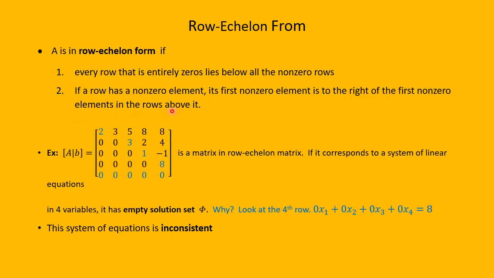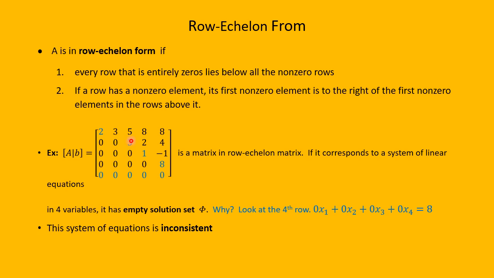Okay, so let's take a look at this matrix. In the first row, we have a non-zero element here. When we say first, we mean leftmost. So the leftmost non-zero element is here. If we go to the leftmost non-zero element in the second row, we would go down and to the right to here.